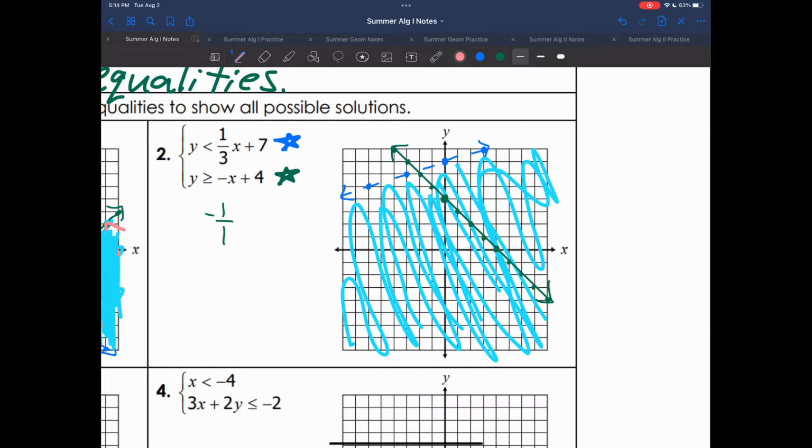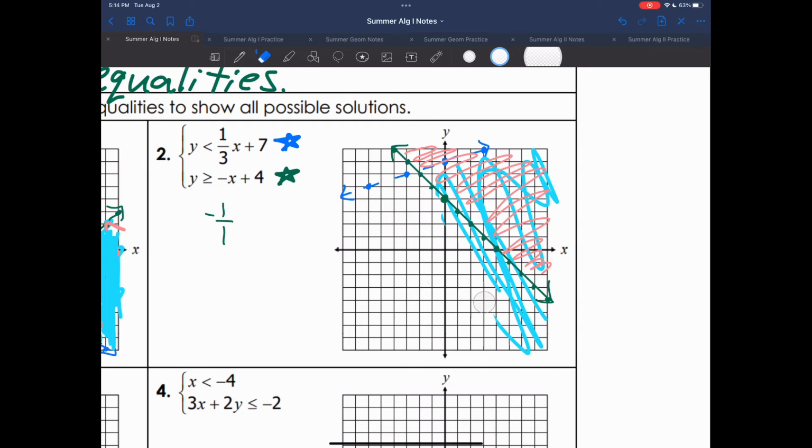So, and I can do that, I'll show you. So technically it is all of this area and then it extends into this. And the only ones where they overlap is gonna be literally this little section right here, okay? So I would go in, I would try to erase the best I can. Let's see if I can carefully do that. It's not going to be perfect here, but I'm going to do my best.